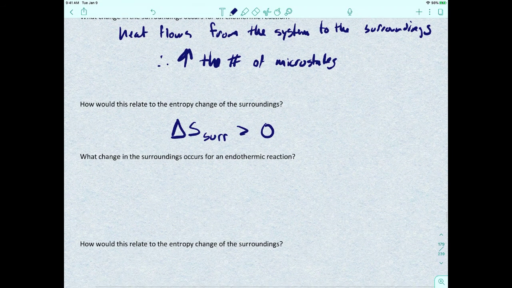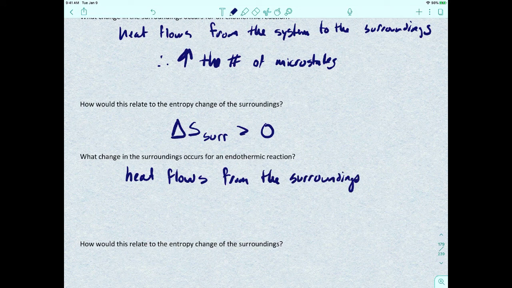And what change in the surroundings occurs for an endothermic reaction? Well, the heat flows in the opposite direction, so heat flows from the surroundings to the system. And what that does is decrease the number of microstates.